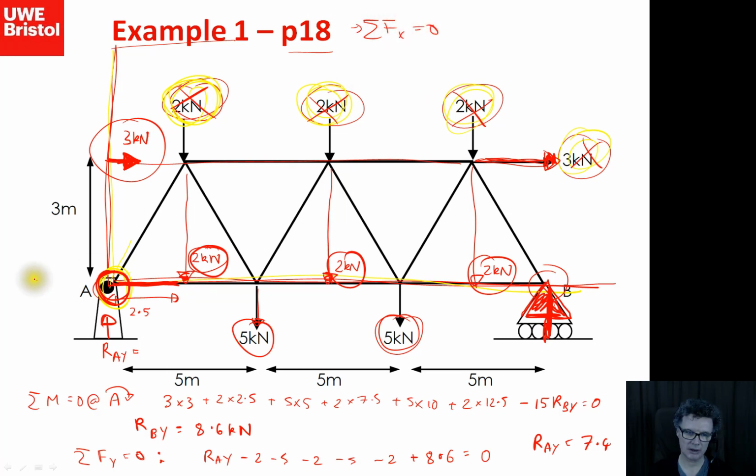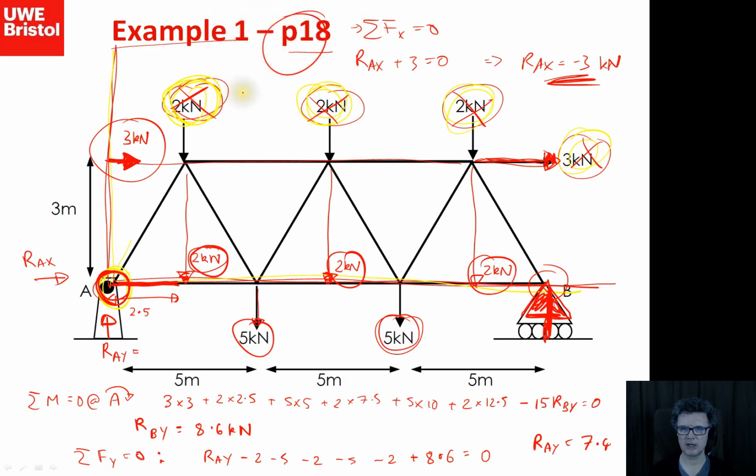So I would have a force going in this direction, RAX, plus 3 equals 0, so therefore RAX equals minus 3 kilonewtons. So I found all the reaction terms there for that kind of problem. There are many examples, and I refer you to page 18, example 1, and you'll find videos either by Arnold or me taking you through these types of problems.